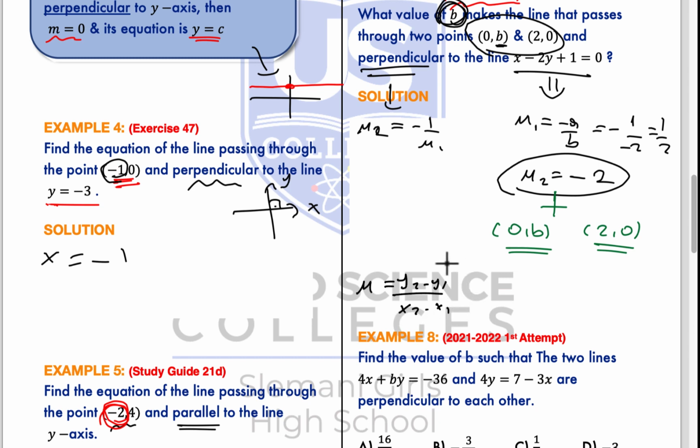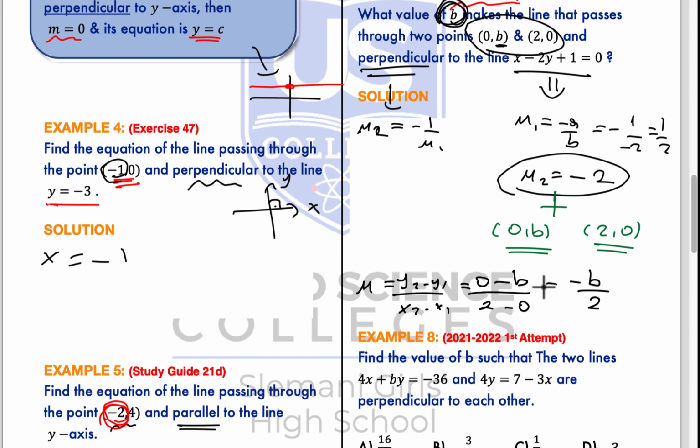It's that simple. I am given 2 points, so by using these 2 points, I can find the slope. So what is y2? Let's say 0 if it is the second point, minus y1, b, divided by x2, 2, minus x1, 0. Simplify this: 0 minus b divided by 2 minus 0, 2.